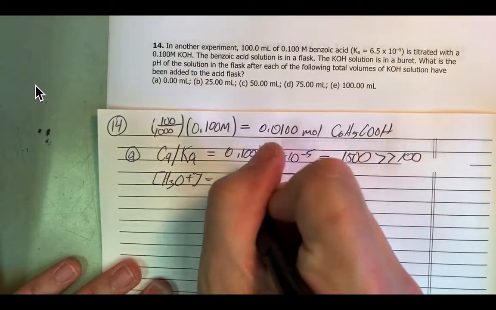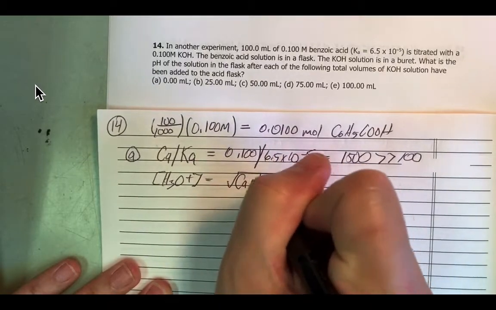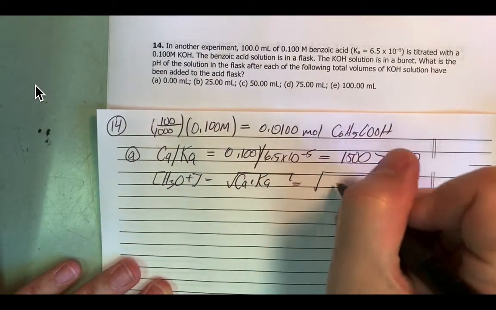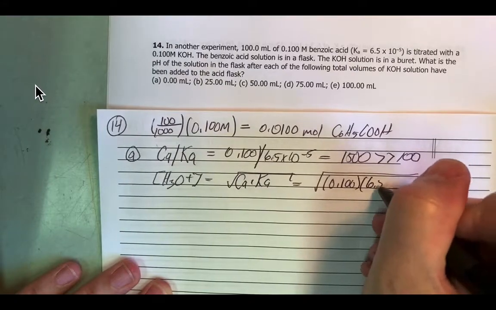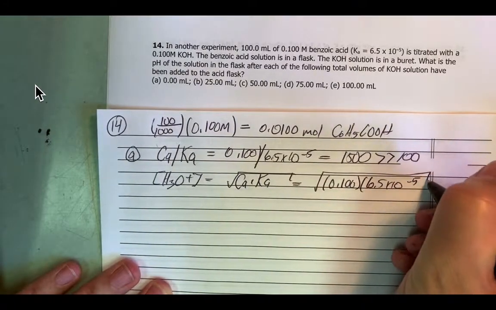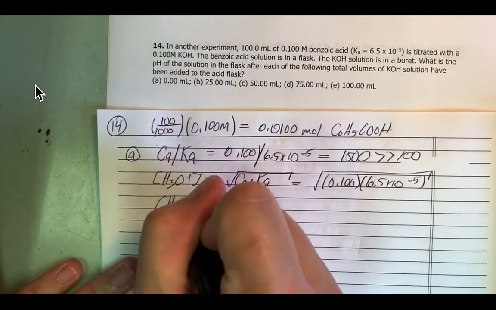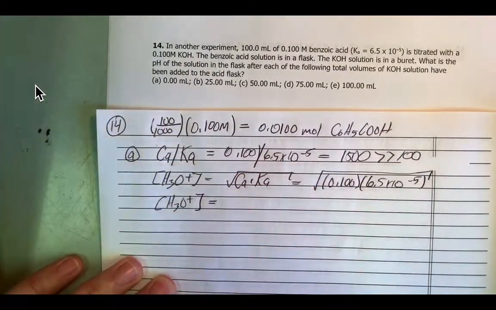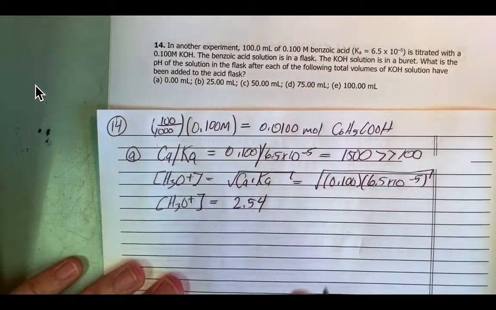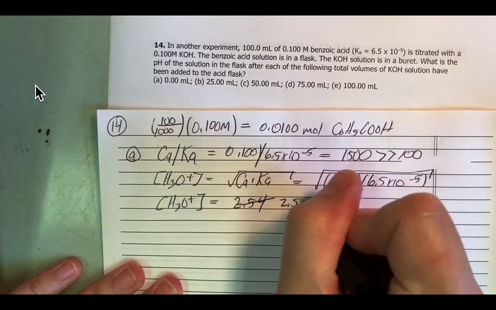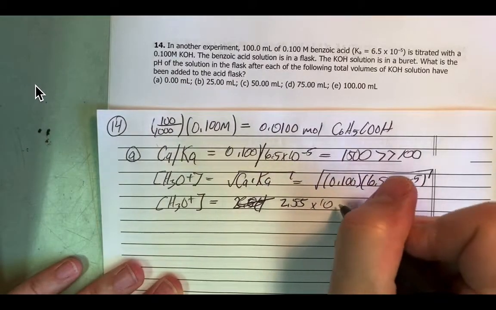H3O plus is equal to the square root of the concentration Ca times Ka. That's 2.55 times 10 to the minus 3.